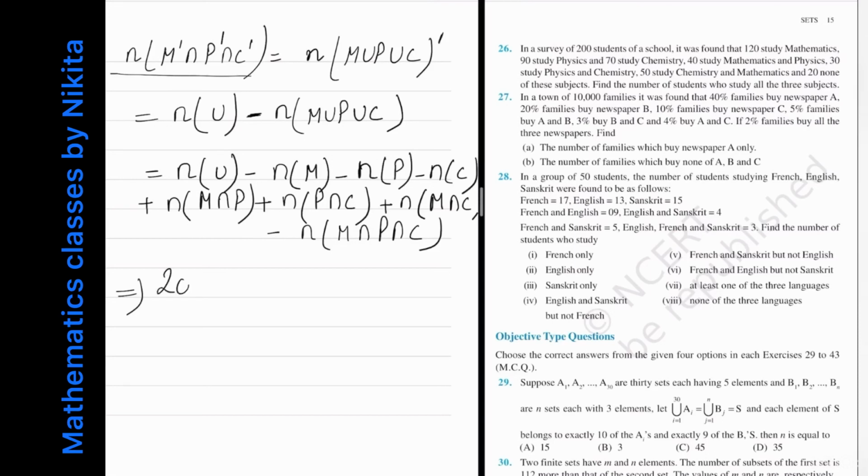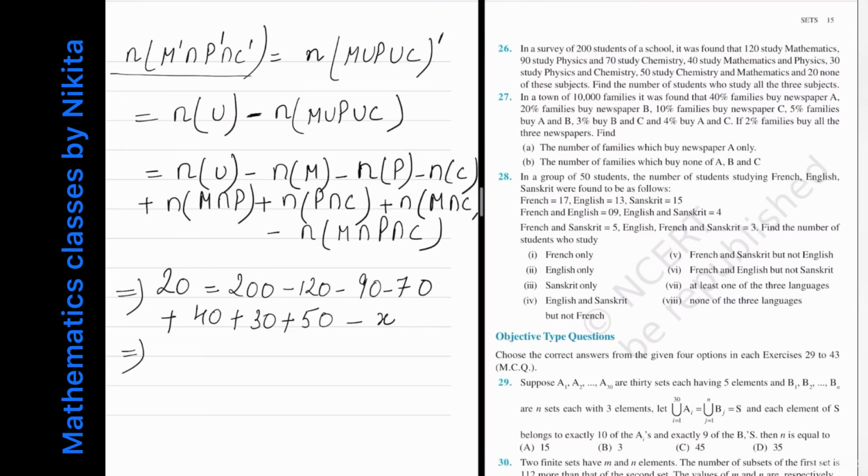So 20 is equal to 200 minus 120 minus 90 minus 70, then plus M intersection P. So M intersection P is 40, then plus 30, then plus 50, and then minus this, which you have to find. So let us call this x.